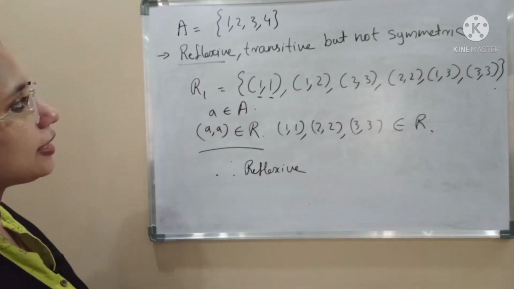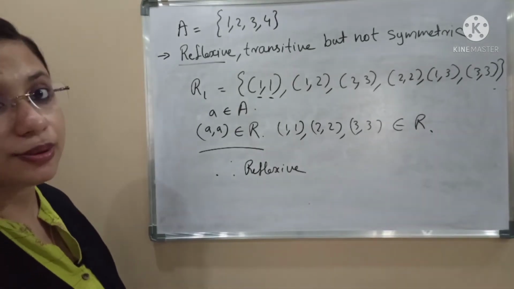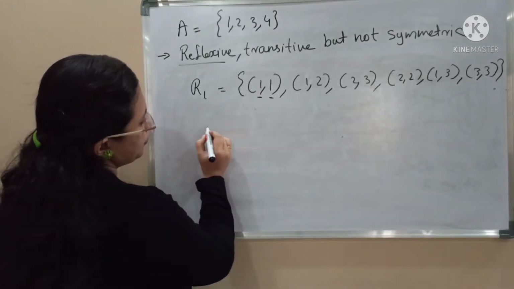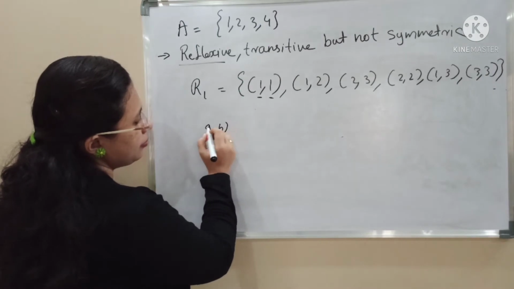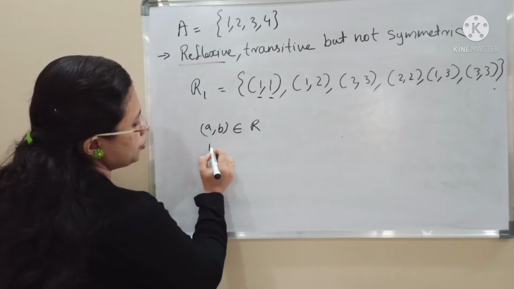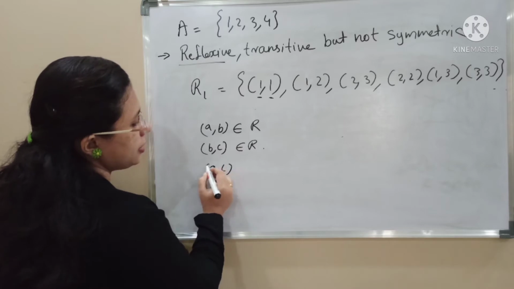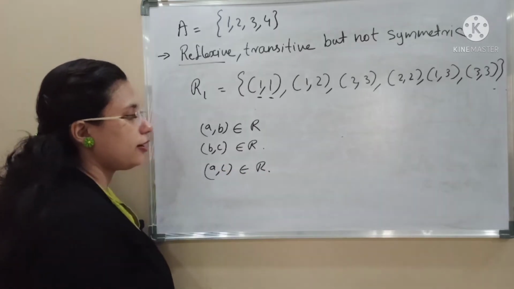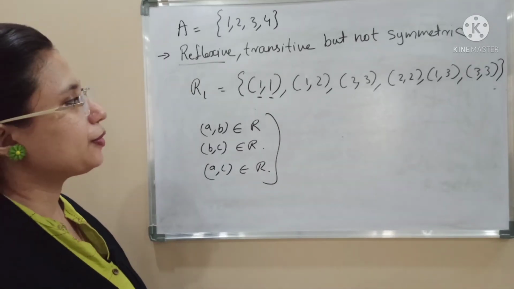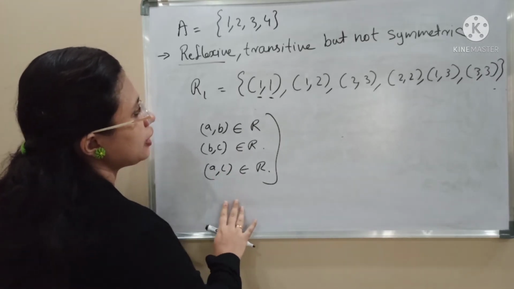Okay, our next condition is transitive. If (A,B) belongs to R and (B,C) belongs to R, then (A,C) should belong to R, then we say it is transitive. So we'll check whether this type of relation exists here.